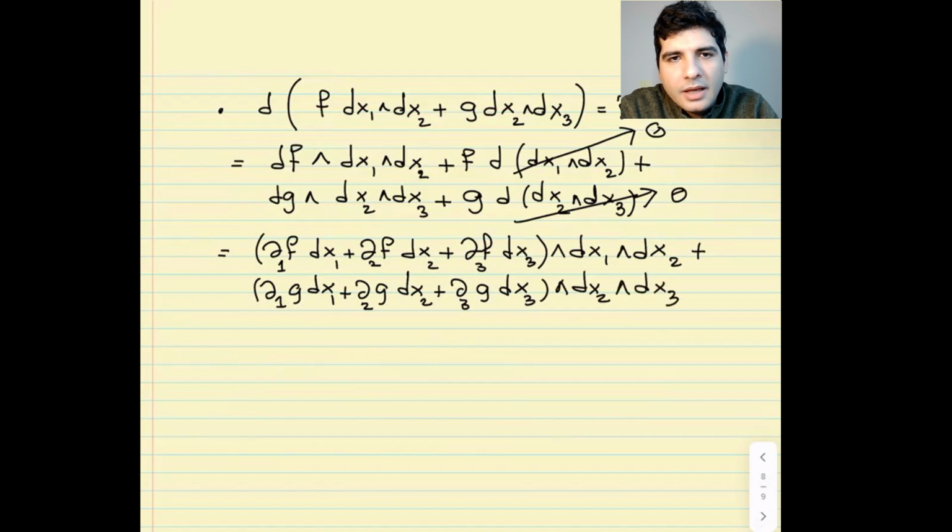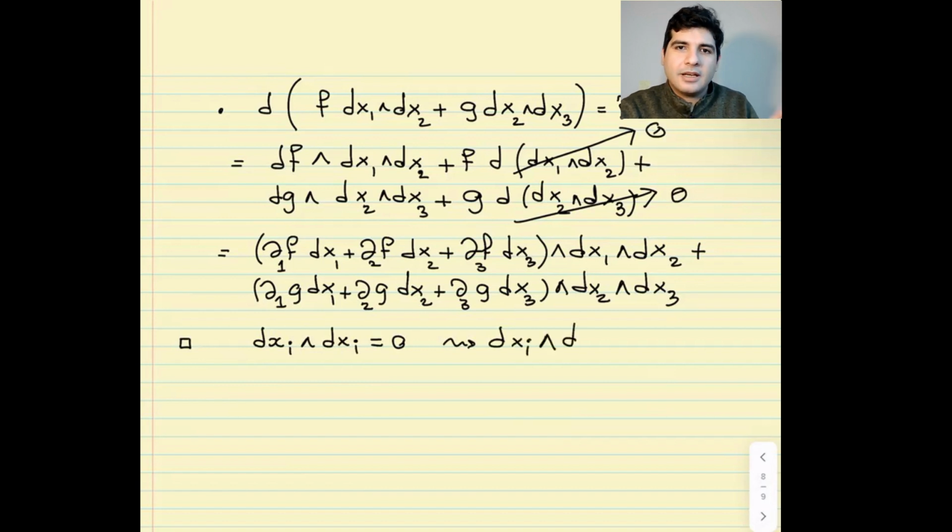Okay. Now, recall that we had this for linear spaces. We have it here for forms too. dxi wedge dxi is 0. It follows from the anti-commutativity of differential forms. This implies if you have dxi wedge some other forms, again wedge dxi, you again would get 0. You can kind of change their places until you bring dxi wedge dxi next to each other, and that would be 0.